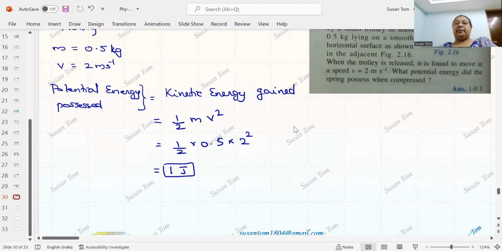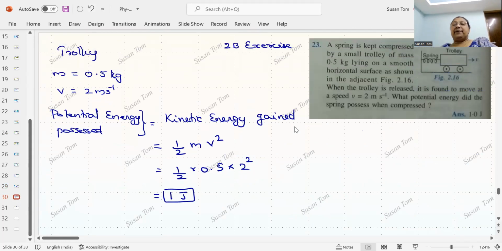The last question of 2B. A spring is kept compressed by a small trolley of mass 0.5 kg. This is a small trolley with 2 wheels, placed towards a still target, maybe a wall, on a platform, using a spring.